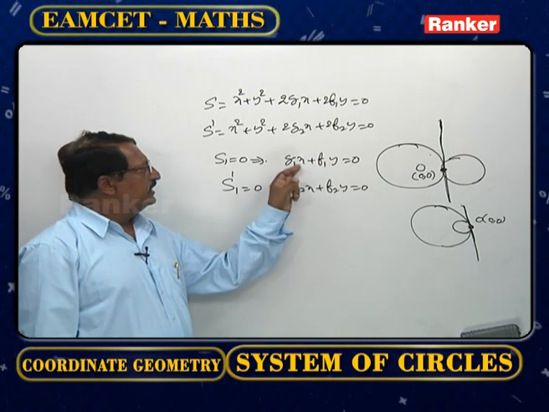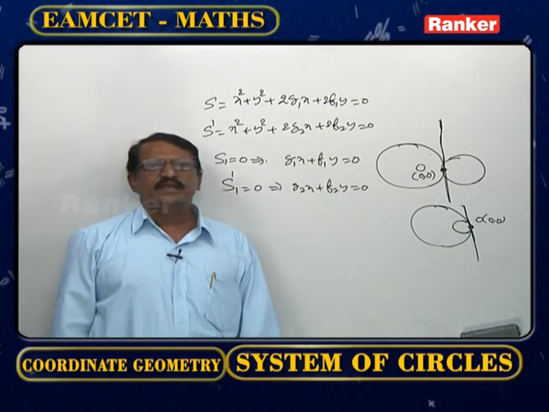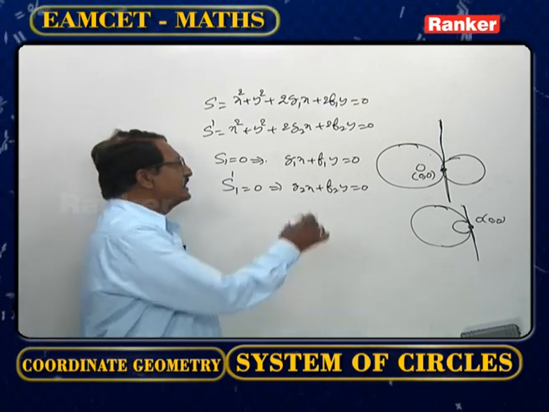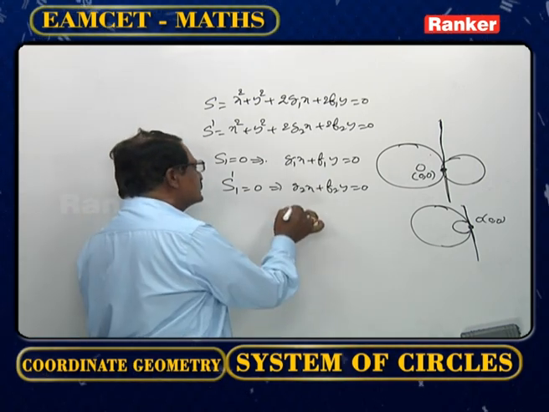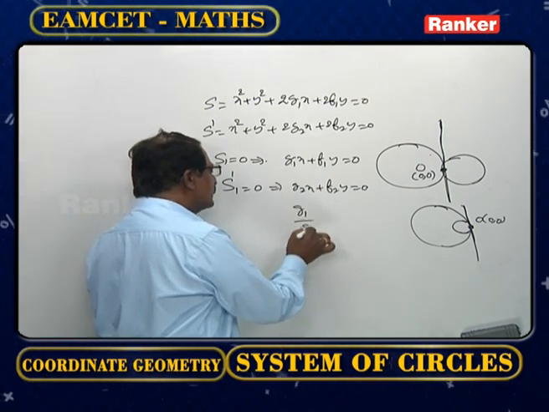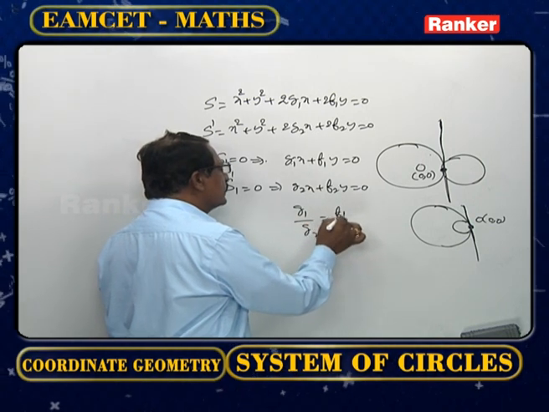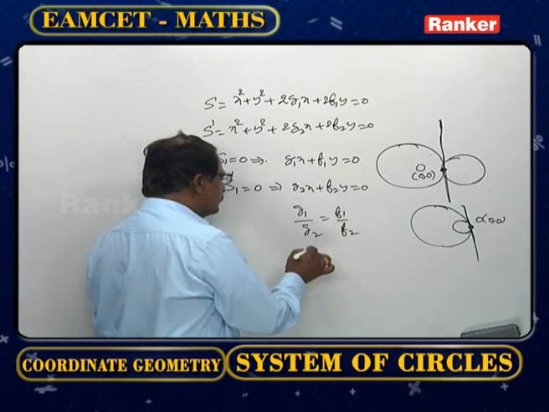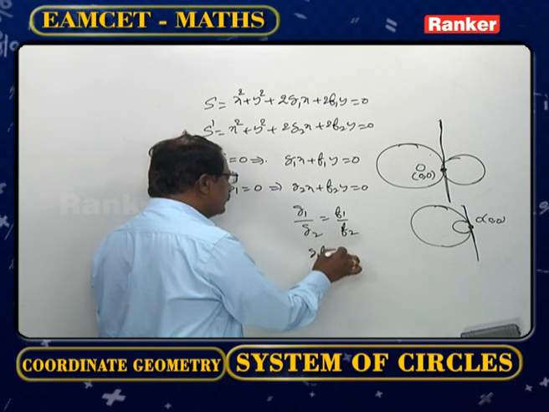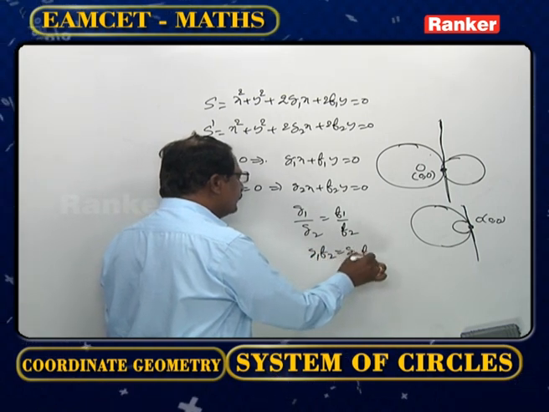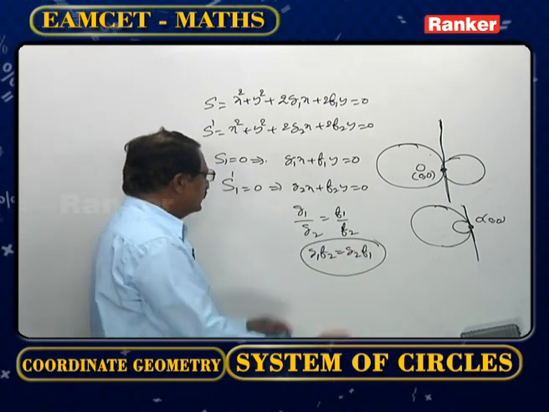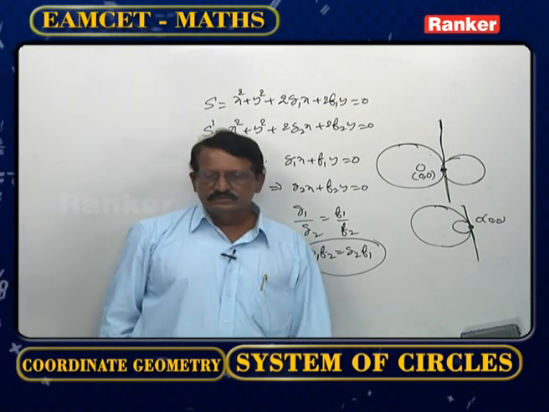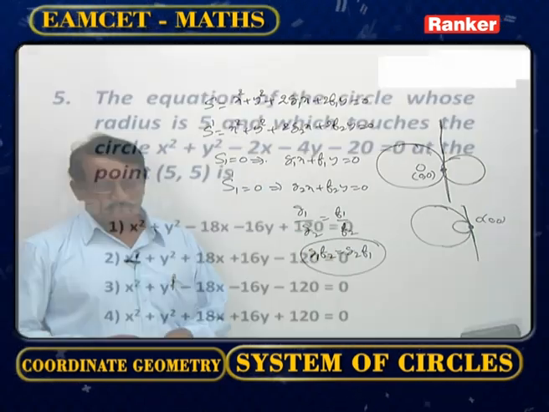Now, two linear equations representing only one line means the coefficients are in the same proportion. Then G1 by G2 equals F1 by F2. By cross multiplication, G1 F2 equals G2 F1. Now it is the required condition. G1 F2 equals G2 F1, second option.